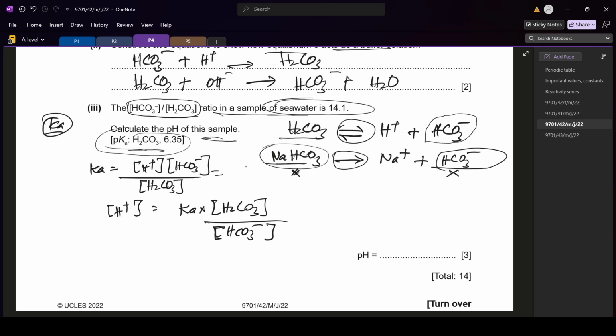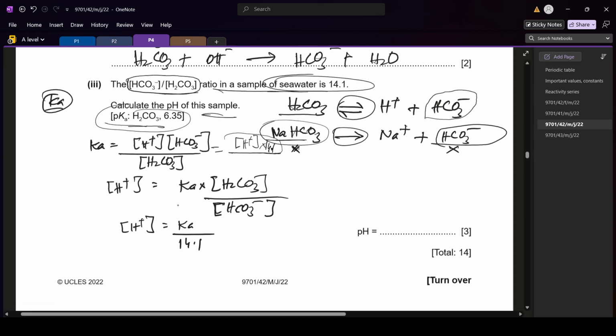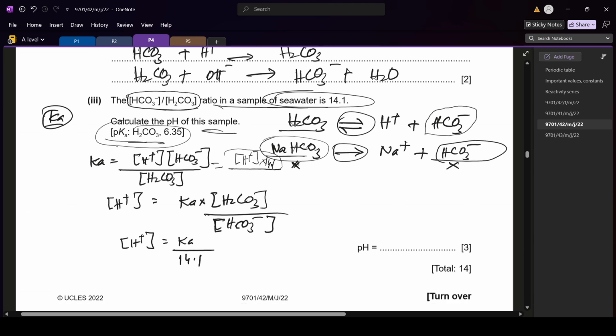If I rewrite this here, H plus ion is equal to Ka divided by 14.1. This is your expression. Now you have to calculate Ka, and you are given pKa.